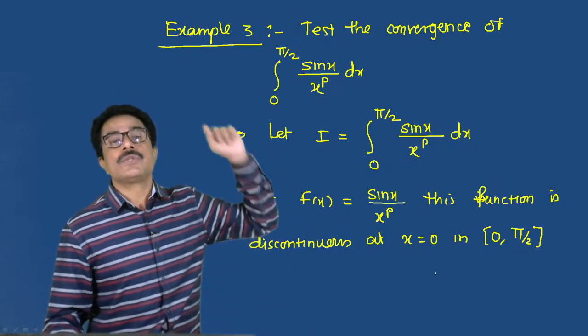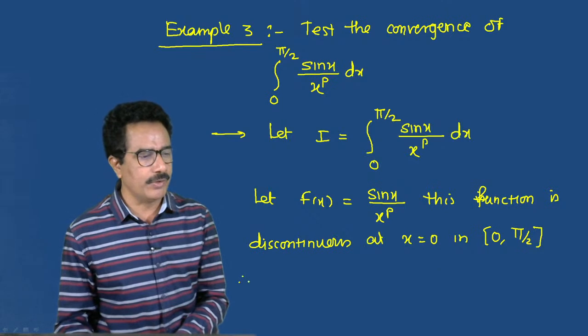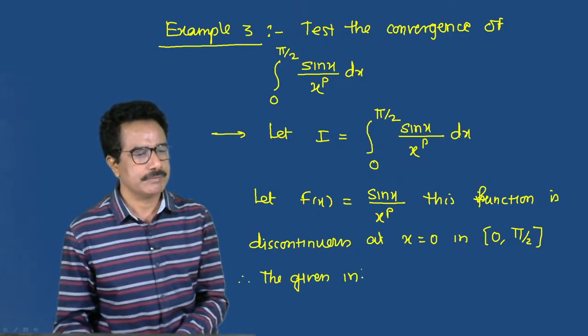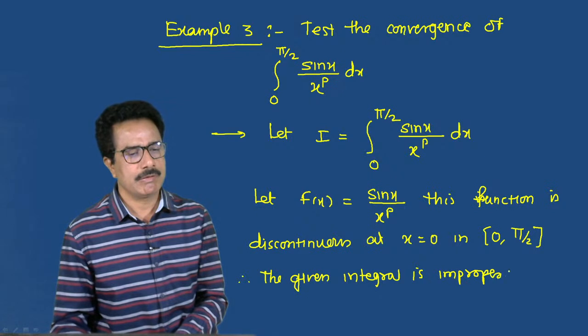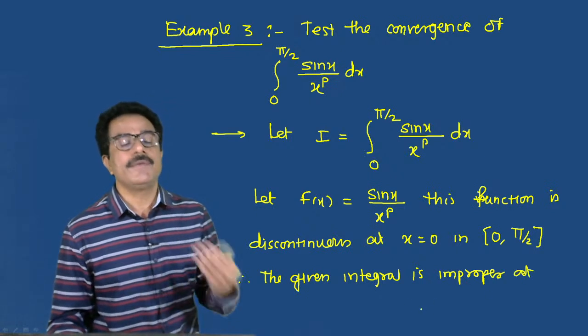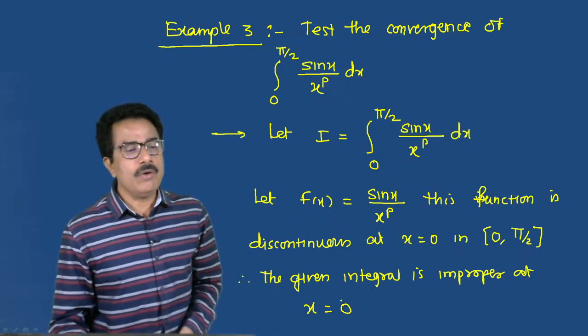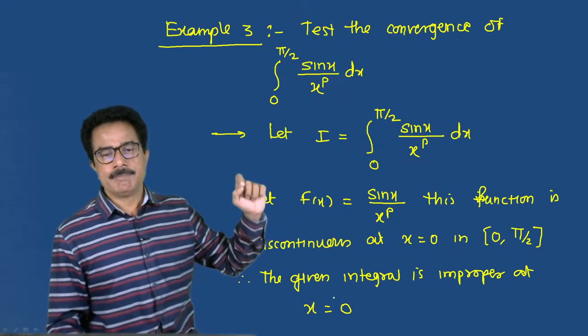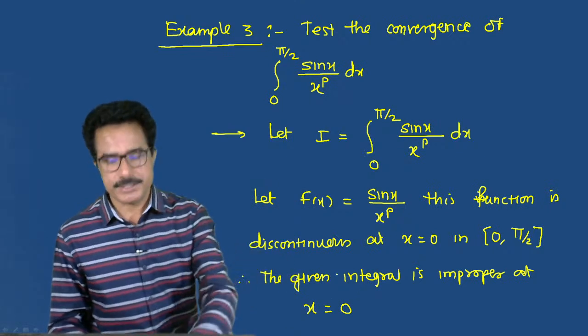Okay, right. So we can say that the given integral is improper at x equals 0. Now we have to discuss the conditions. See this here.